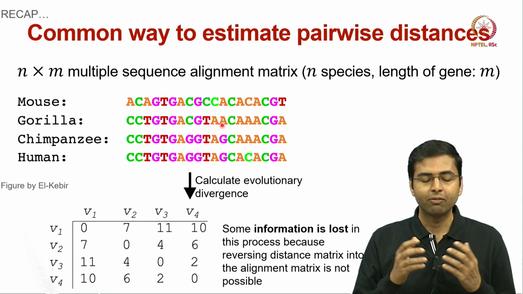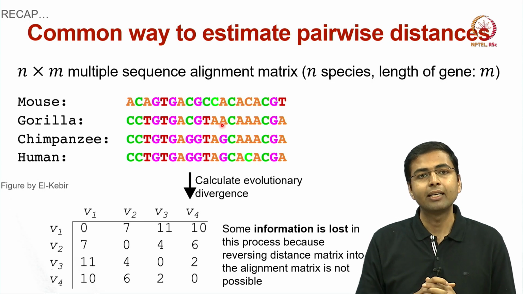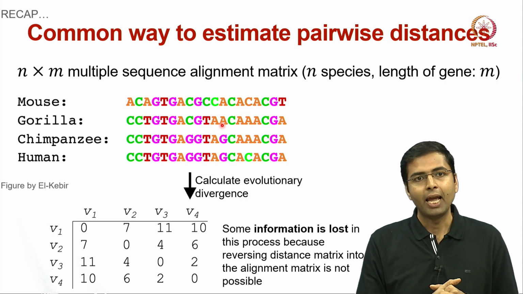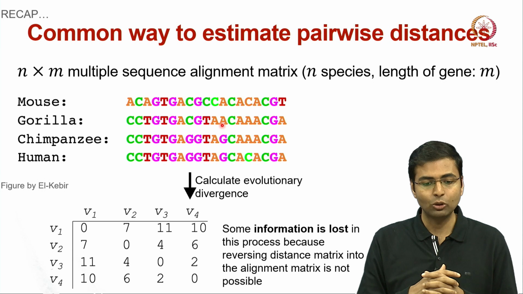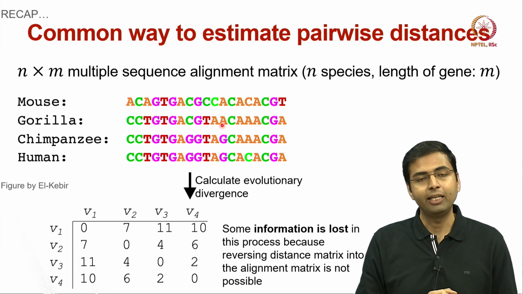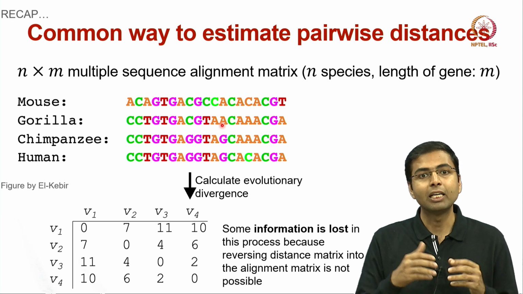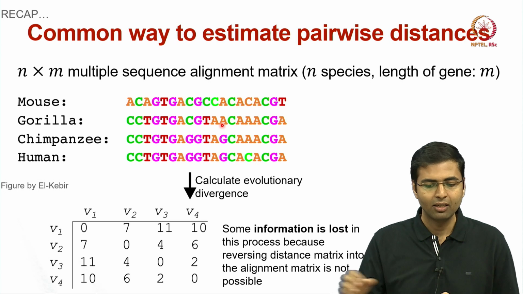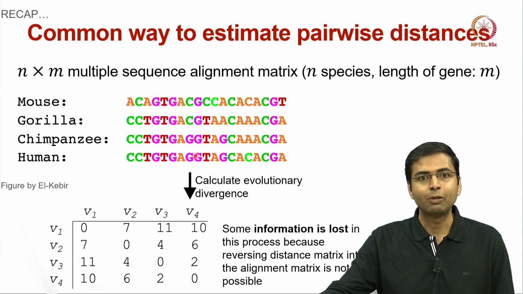Now when we were discussing distance based methods, I also mentioned how these distances are obtained between different species, and one common way of estimating pairwise distances between species is to look at the alignment matrix. So if we take DNA sequences or protein sequences and we do a multiple sequence alignment of those sequences, through those alignments we can infer the distance between those species.